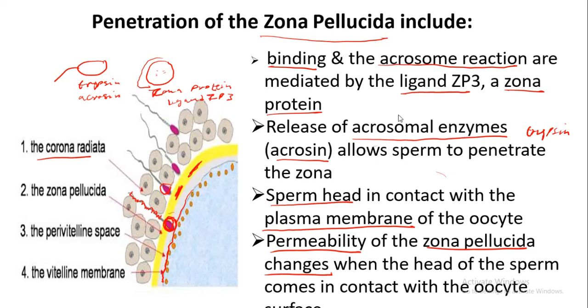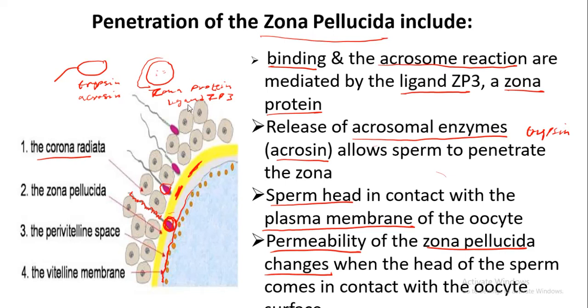From there, the sperm will penetrate through the zona pellucida. Once it penetrates, it will be in contact with the membrane.